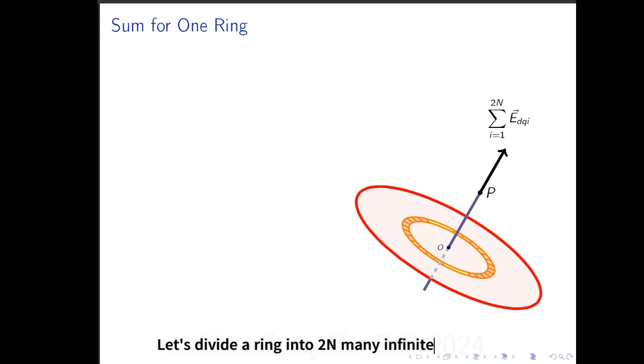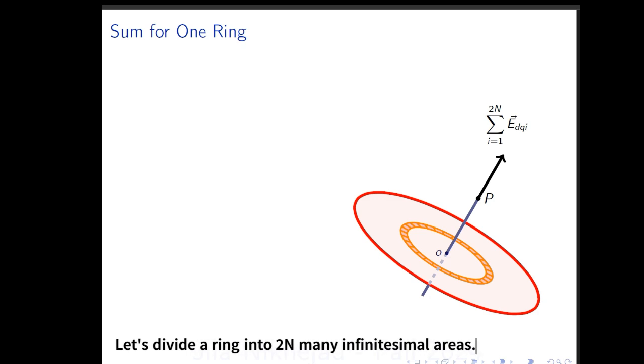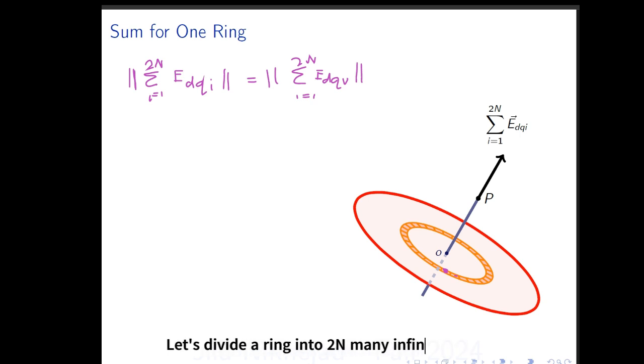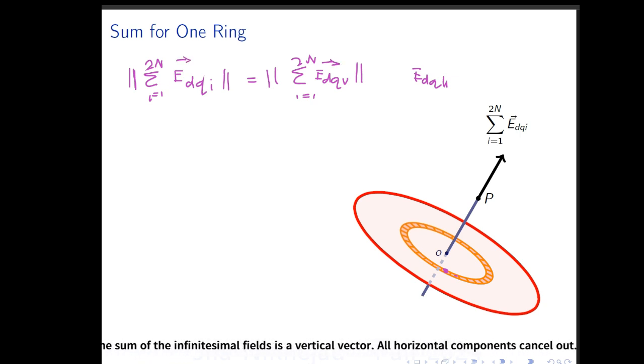Let's divide a ring into 2n many infinitesimal charges. The sum of the fields is a vertical vector. All horizontal components are going to cancel.